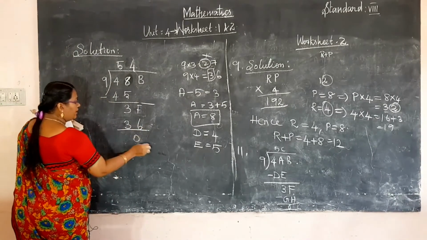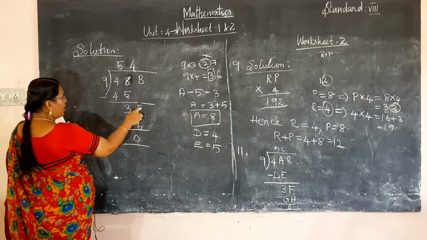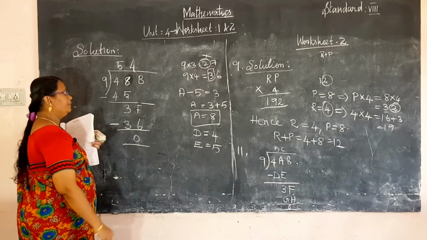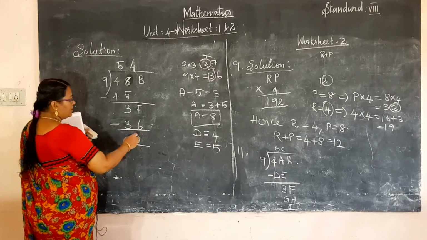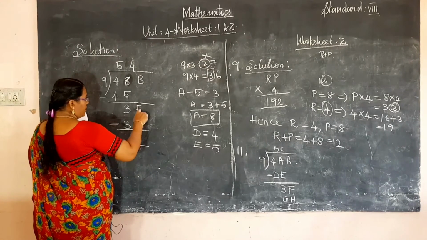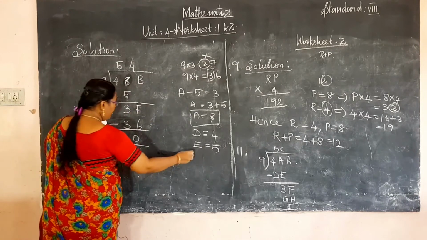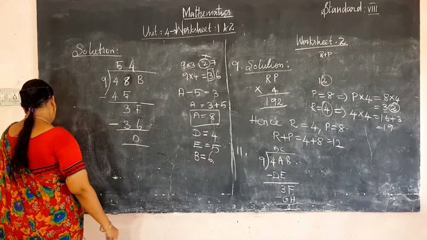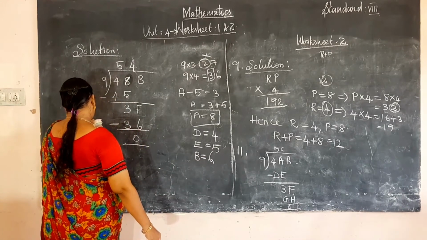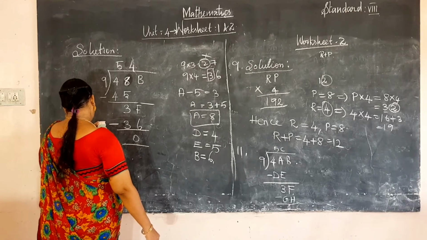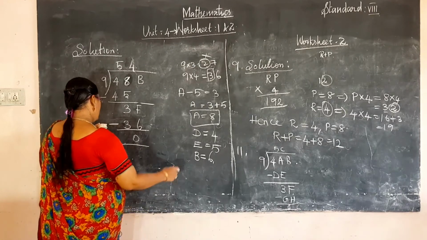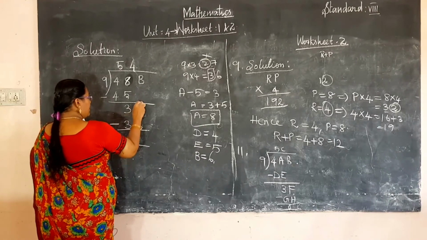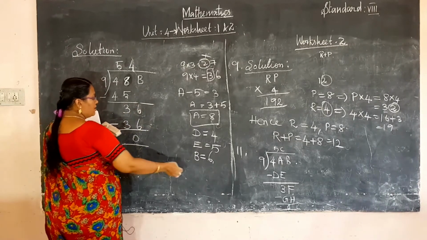Here the remainder is 0 as given. Subtracting, the value is 0. 6, is it? So b is also 6. Yes, 6 is possible. So bring down the value 6.